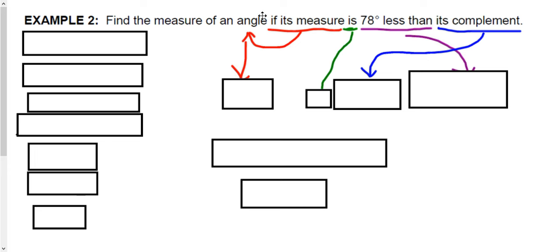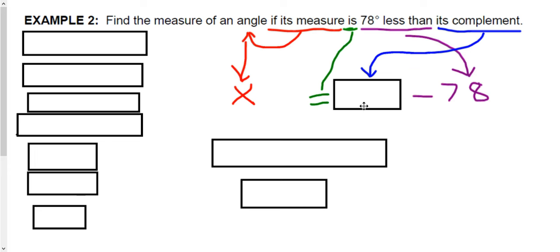So let's write our equation. If this angle's measure, so what do we put for angle? x. We don't know what it is. Is means equals. 78 less than something. So that means I'm subtracting 78 from something. From what? Its complement.